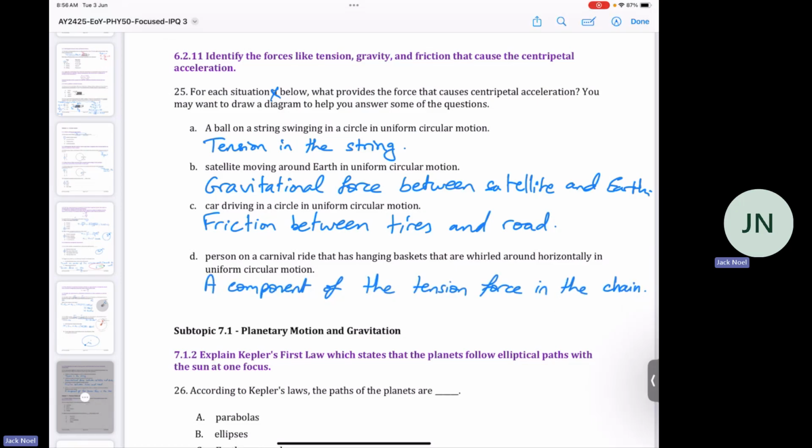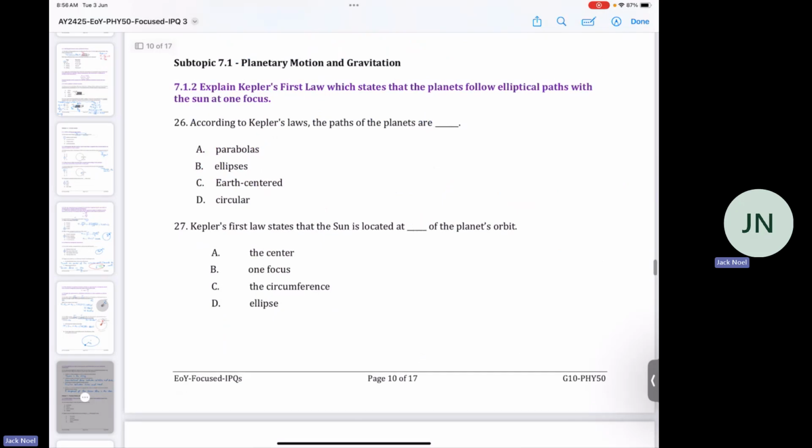Now, let's go to 7.1. Explain Kepler's first law. According to Kepler's laws, the paths of the planets are actually ellipses, and if this is one of the planets orbiting around the sun, the sun is at one of the focuses of this ellipse.